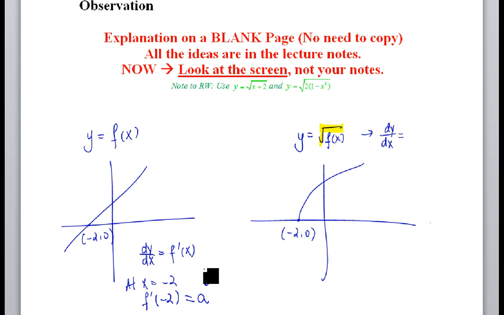That means at this point the gradient is a. I don't care what it is, because I don't know what this function is. But at least it's not 0. It can be positive, it can be negative, doesn't matter. Now, what we want to find out is the gradient at this new y, this new dy/dx. So, can we use the chain rule to differentiate?